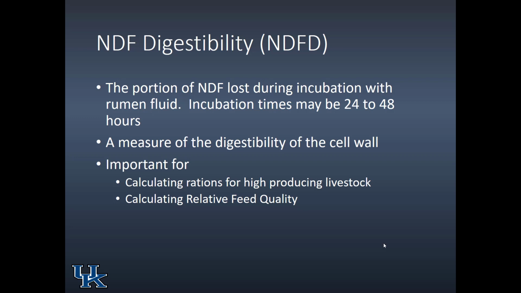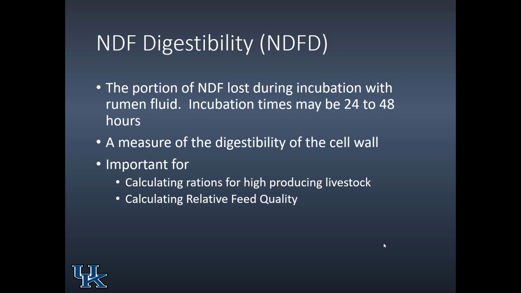And which reminds me to make a point that if you are sending samples off and getting this number run, NDFD, always send samples you want to compare to the same lab, because obviously rumen fluid varies with lab because they have to get it fresh from a cannulated animal.